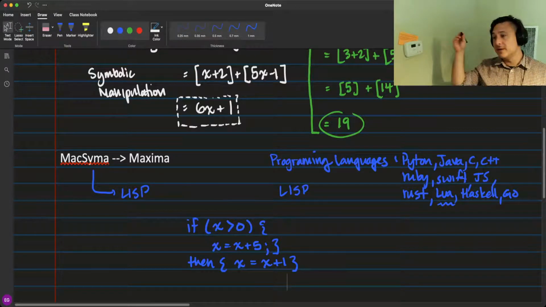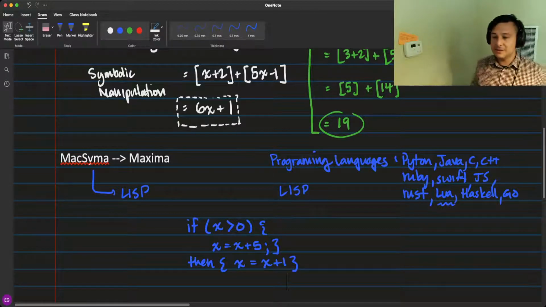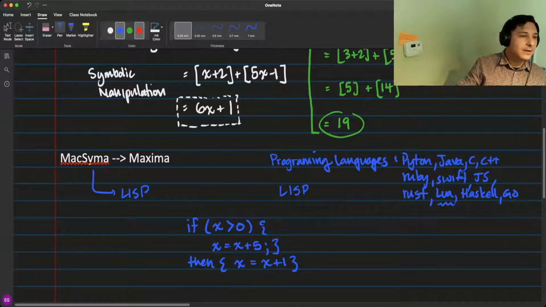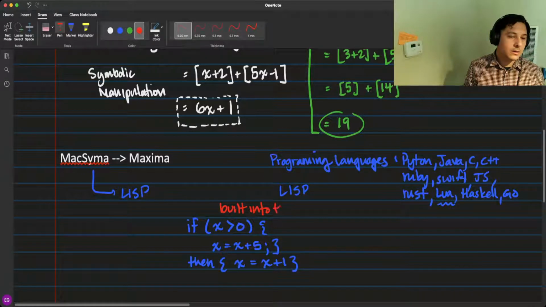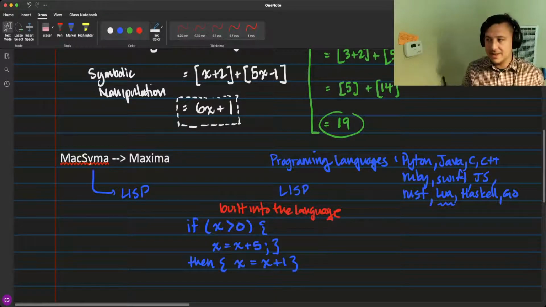Now, if you're dealing with 0 or negative, then what does it do? It adds 1. Okay, cool. Now, all of this and how it works is built into the language. The people who created C wrote rules and said, hey, if you want to do an if statement, it needs to be written this way.